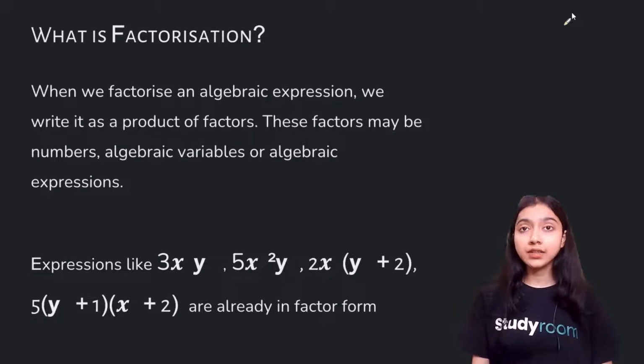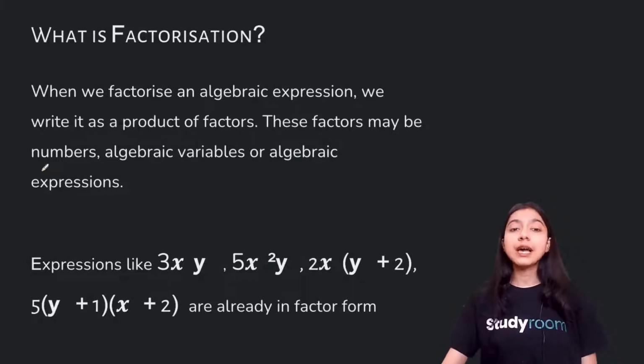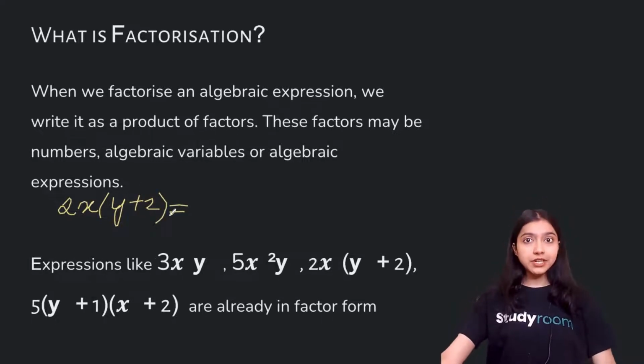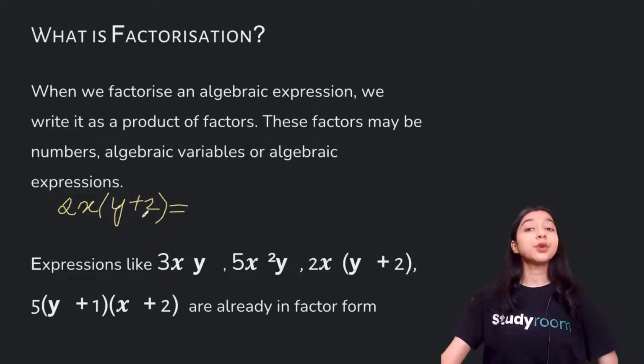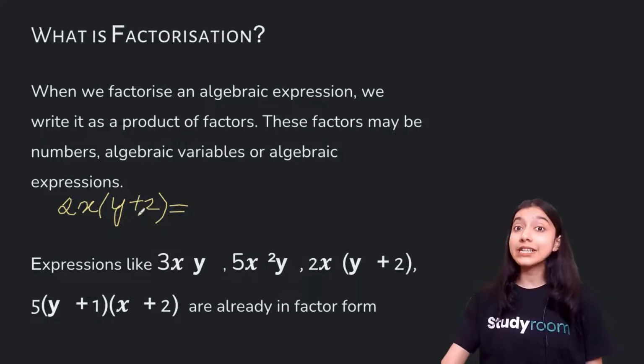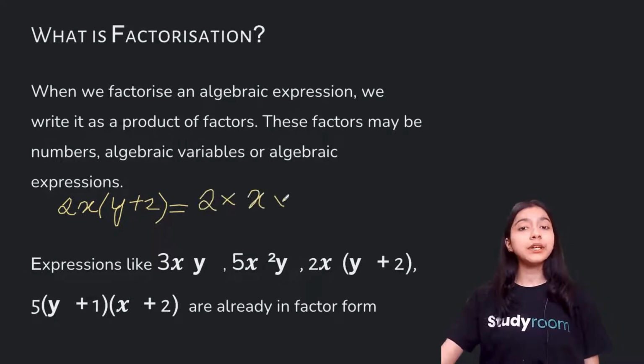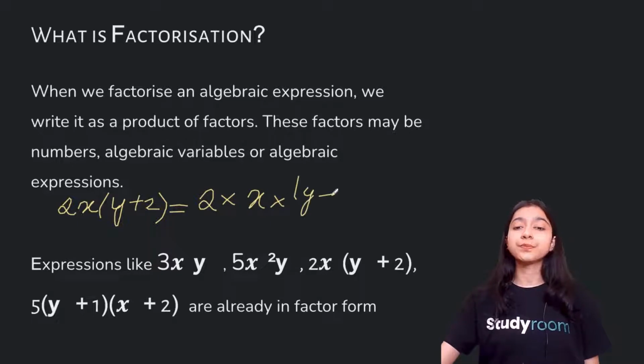Let me explain this with the help of an example. For example, if I have an algebraic expression given to me as 2x multiplied with (y + 2). So this is an algebraic expression and I will be writing it in the product of its irreducible factors. So it can be written as 2 multiplied with x multiplied with (y + 2).